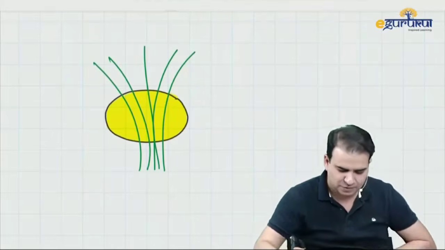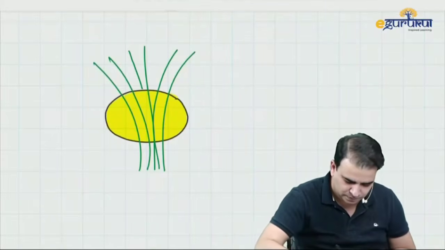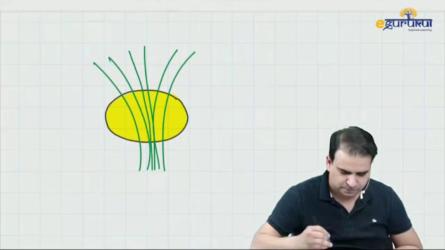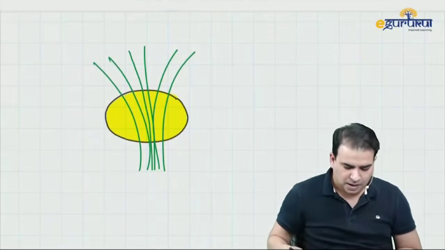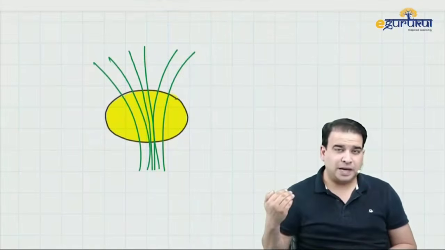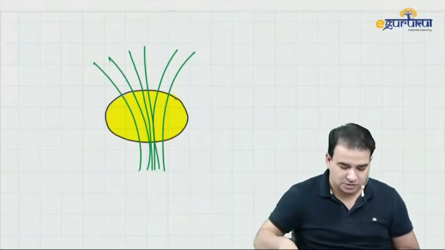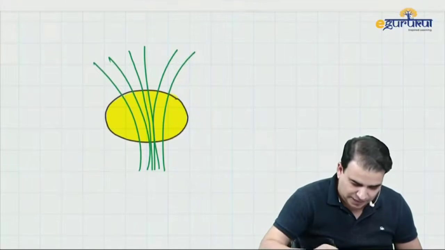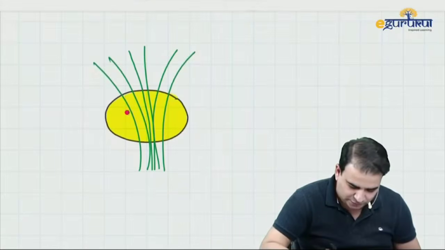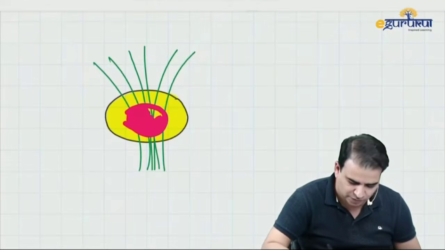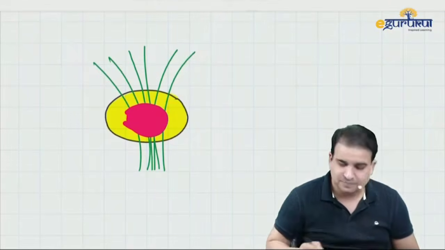All these are the fibers of the internal capsule. And what is lateral to the internal capsule? We said the lentiform nucleus. So lateral to the internal capsule is the lentiform nucleus. Let's say this here is the lentiform nucleus. Let's just fill it up so that you can imagine it is lateral to it.